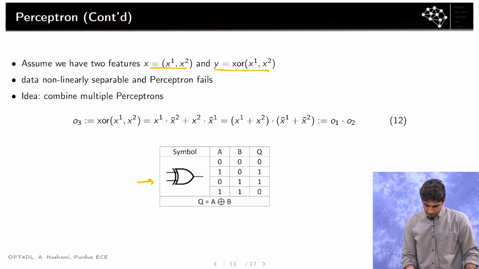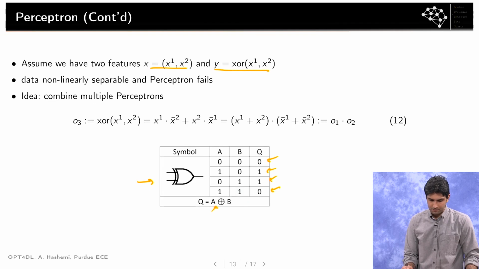The XOR between A and B is shown with this symbol, and it can be calculated with this table. If both A and B are 0, the outcome is 0. If one of them is 1 and the other is 0, the outcome is 1. And finally, if they are the same, and both take the value 1, the outcome is 0.